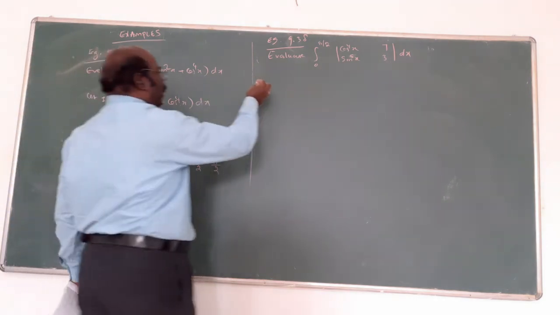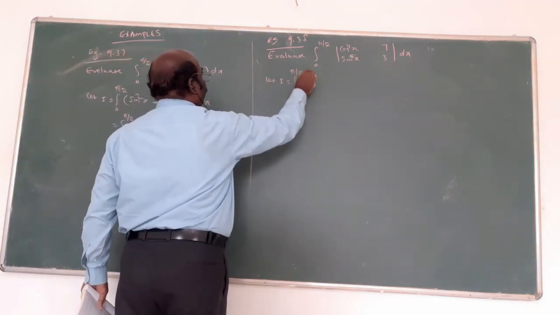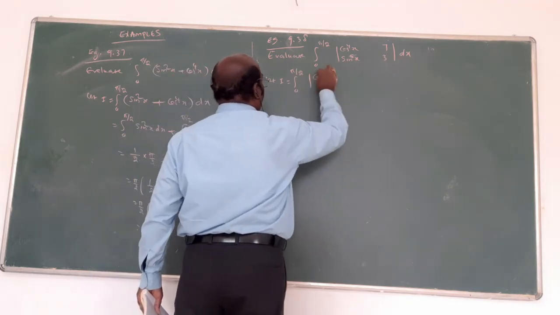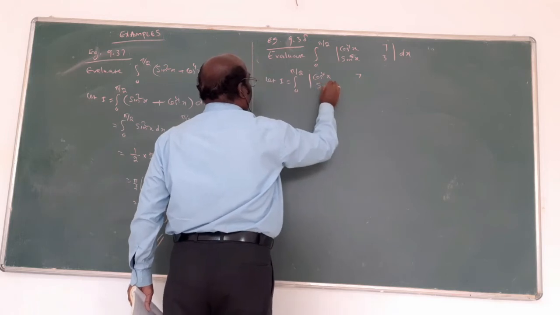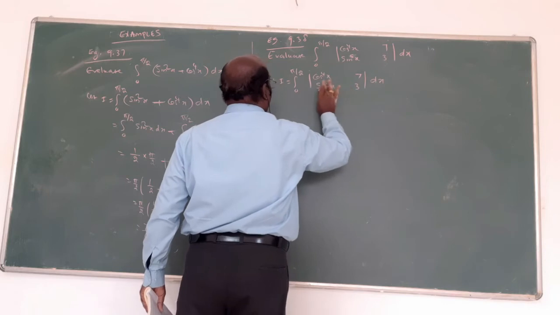One more question, the same method. Let I equal to, write the question: integral 0 to pi by 2 of (3 cos 4x minus 7 sin 5x) dx.